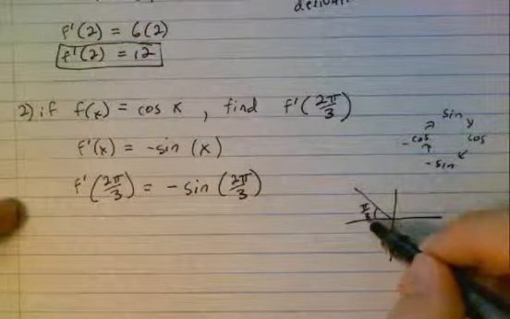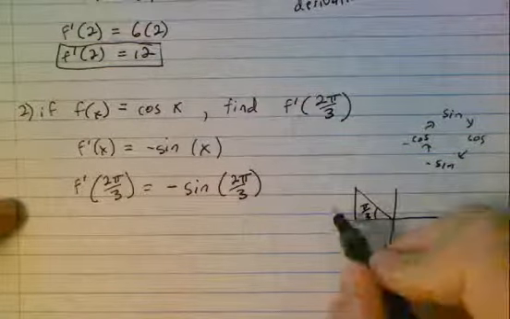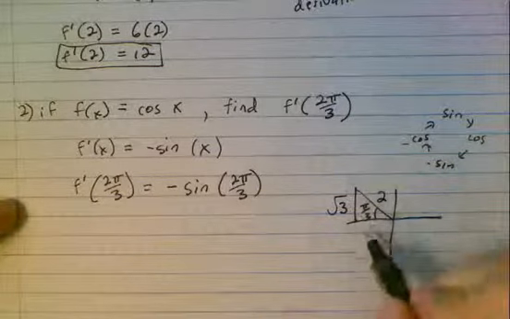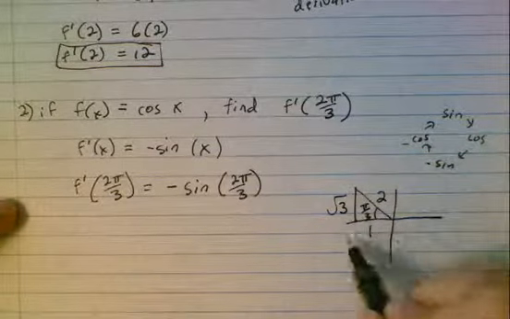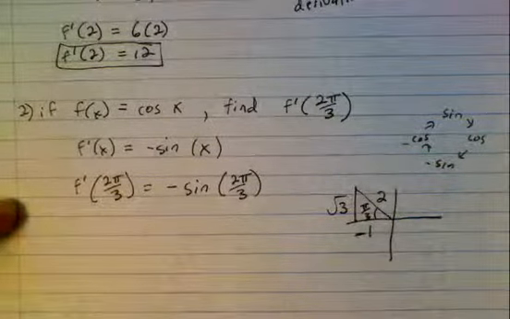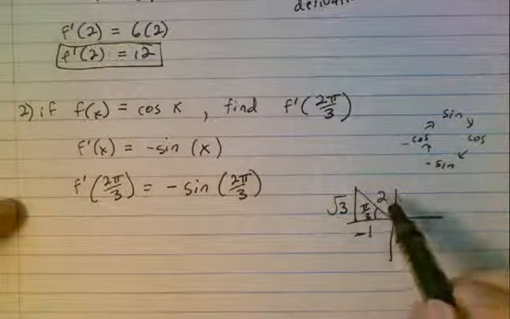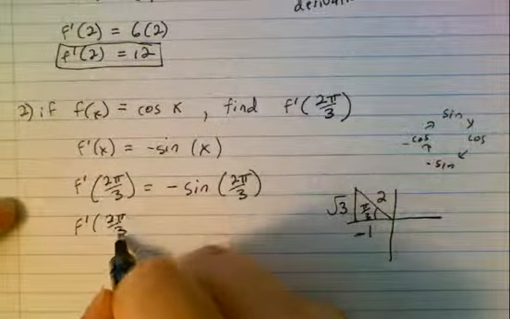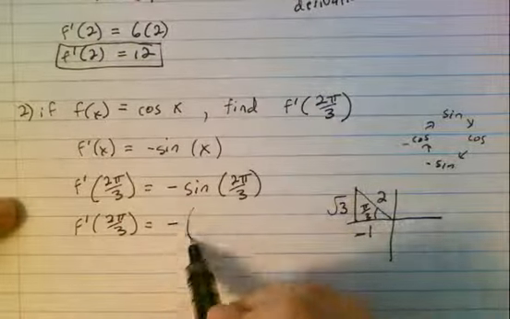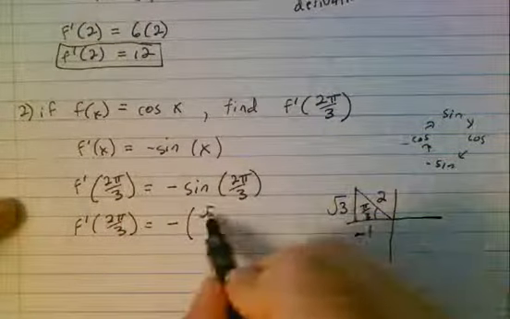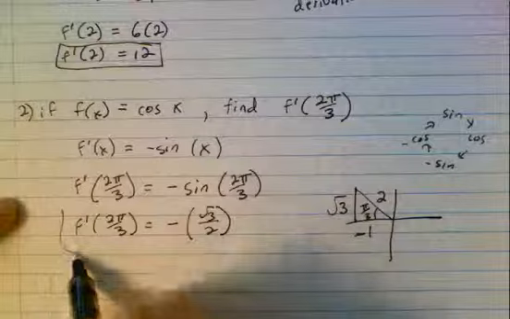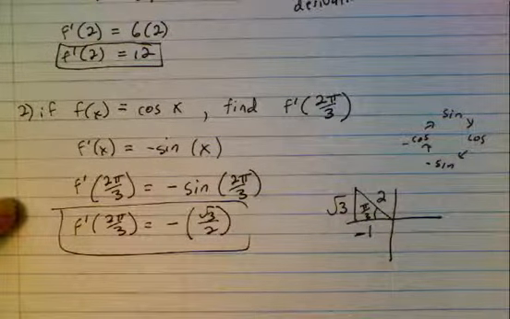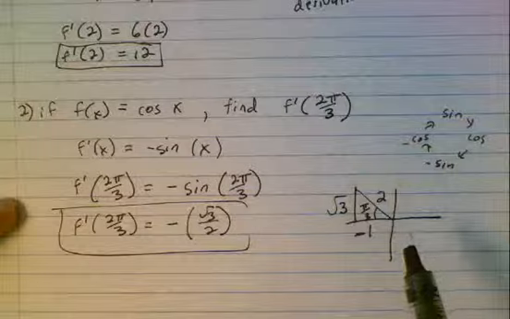Our reference angle is pi over 3. The side across from pi over 3 is root 3. Hypotenuse is 2. This side is 1, but it's going in the negative direction, so it's negative 1. Sine we know is opposite over hypotenuse. We've got that negative along for the ride. And there we are. It's not too bad, it's just you have to remember how to do this.